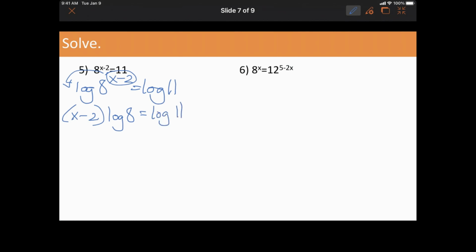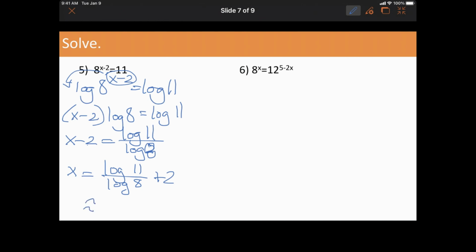Okay. And then we're going to divide by the log of 8. Sorry, log of 8. And then one last thing, you have to add 2 to both sides. Okay. So this is the exact answer.